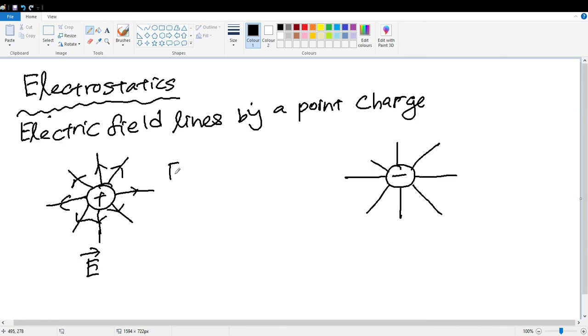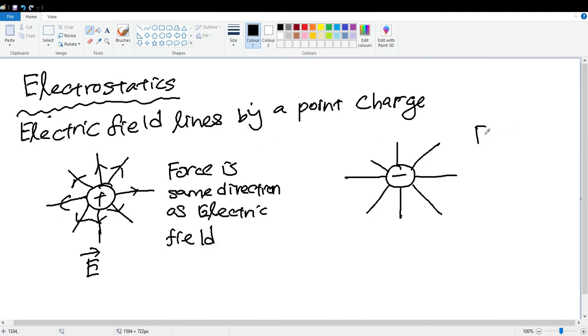So for the positive charge, the force is in the same direction as the electric field.